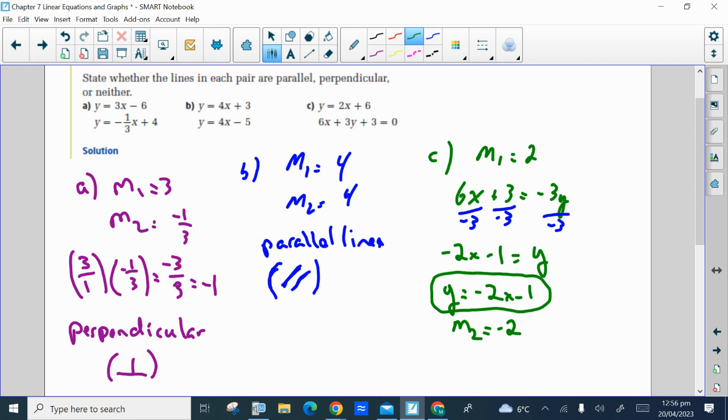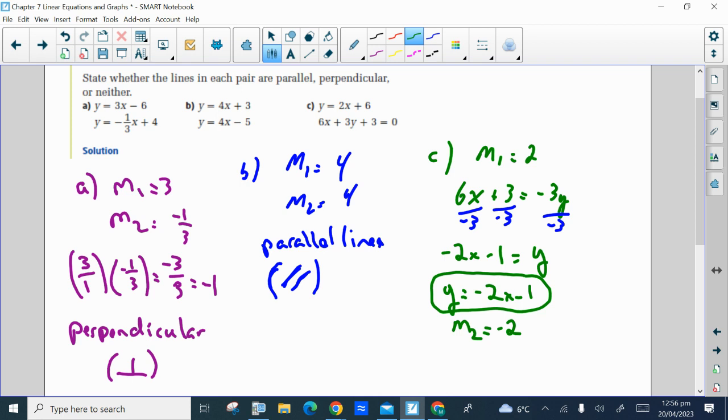By comparing their slopes. Both of these lines, we put them in slope-intercept form, y equals mx plus b. The slope tells you what angle the line is going at. If the slopes are the same, they're going at the same angle, they're parallel. If the slopes are different, they're going to intersect somewhere.